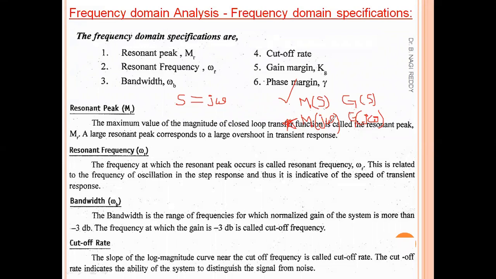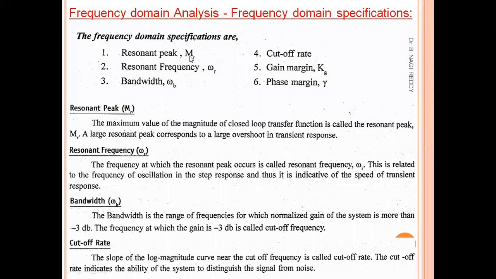Now let's get into the frequency domain specifications. Generally, a total of 6 specifications are mentioned here. The first one is resonant peak, and this resonant peak is denoted by capital M suffix R. Why it is denoted with M means this resonant peak is related with the closed loop transfer function.